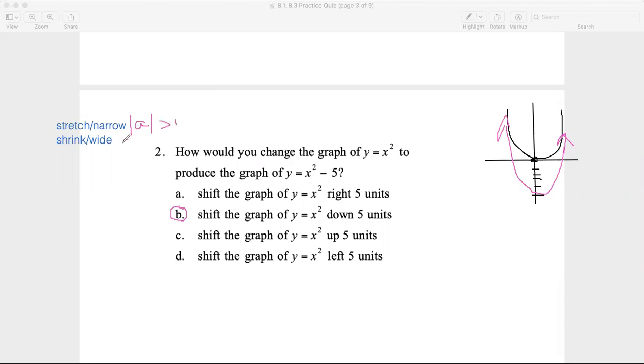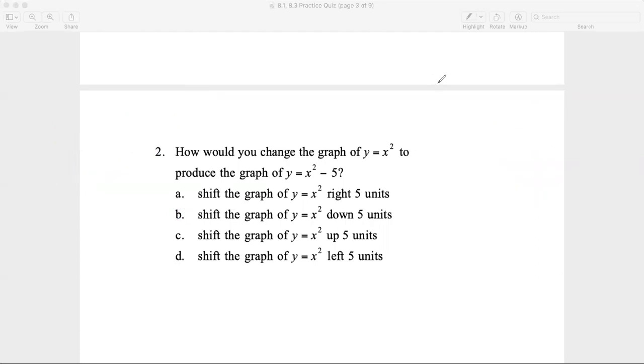And then a shrink or wide is going to be when the absolute value of a is less than 1. So a stretch would be tall and skinny, and a shrink would be short and wide. So I exaggerated both. The vocab is what you need for the test.